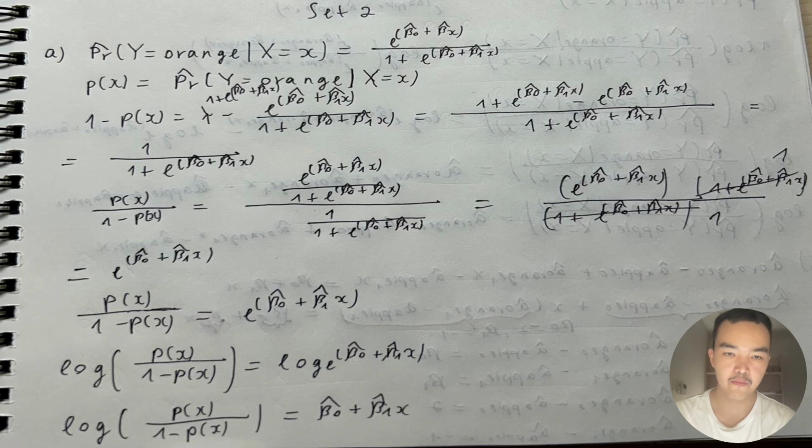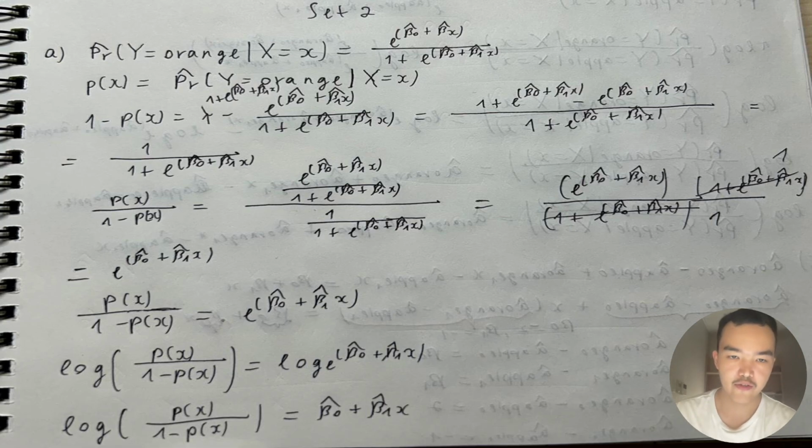We need to subtract our probability equation from one. When we subtract it, we obtain in the numerator 1 and in the denominator 1 plus e to the power of beta 0 plus beta 1 x.